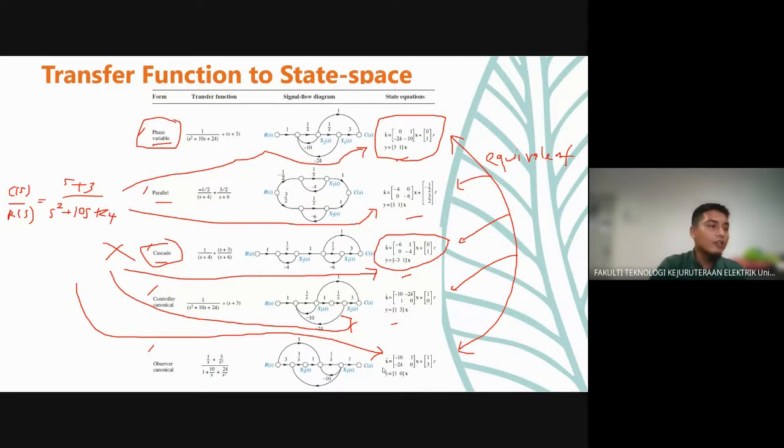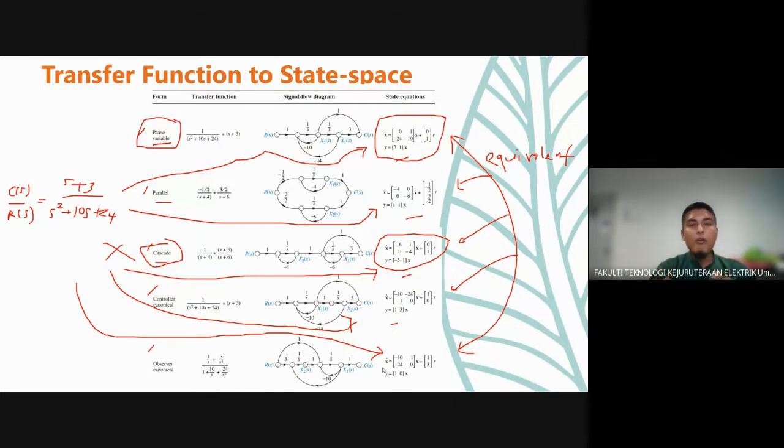If you want to design an observable controller, which state space must you use? Try to read the form name, and I want to design an observable controller.